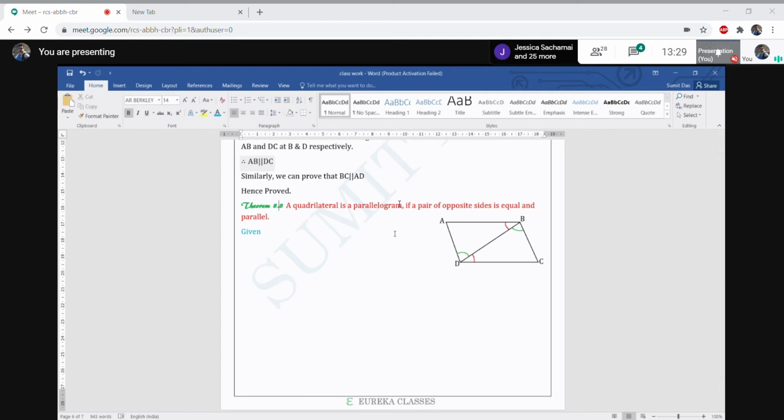A quadrilateral is a parallelogram if a pair of opposite sides is equal and parallel. That we have to prove.